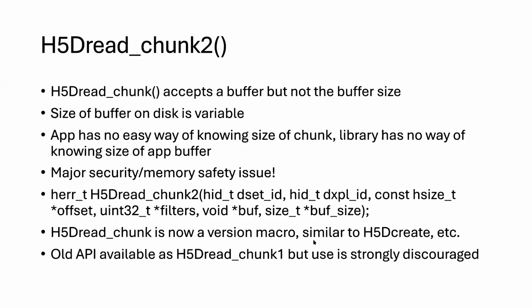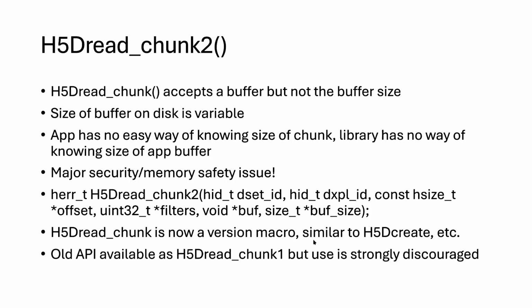And so we strongly encourage anyone using HID read chunk to move to HID read chunk 2. The advantage of using HID read chunk 2 over the get chunk info followed by HID read chunk is that you can allocate a buffer that you're pretty sure is big enough, and then you're only doing one pass into the metadata, because internally HID read chunk 1 and HID read chunk 2 will both query the metadata to find out the size of the chunk.